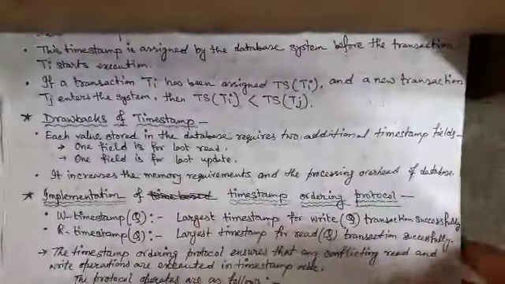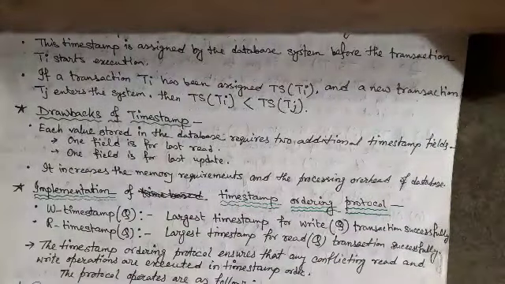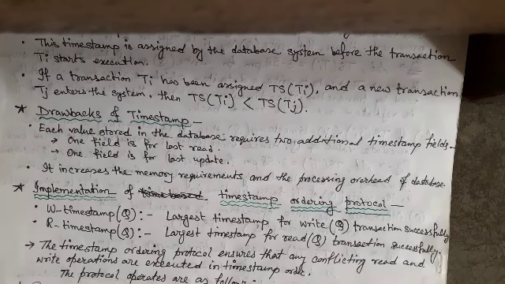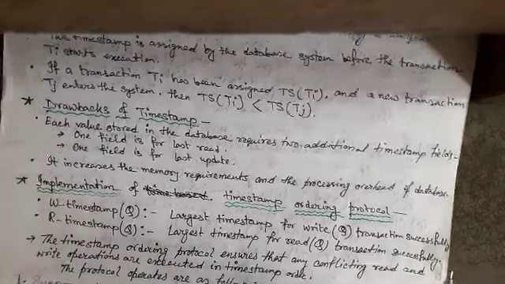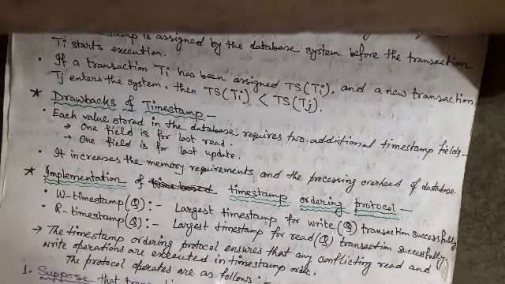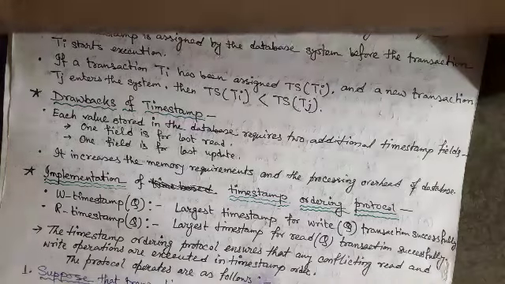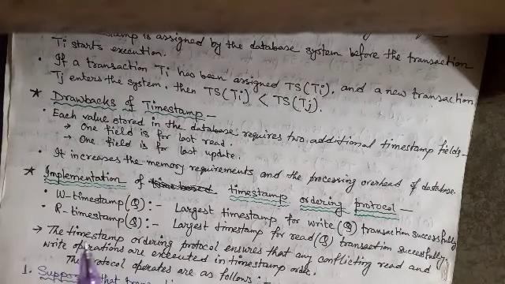And there are some drawbacks of the timestamp ordering protocol. The drawbacks are that each value stored in the database requires two additional timestamp fields. One field is for the last read and one field is for the last update. So the storage is huge.